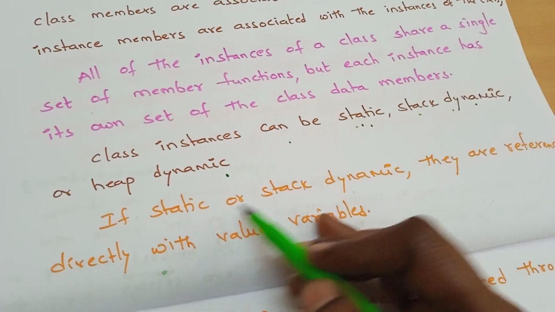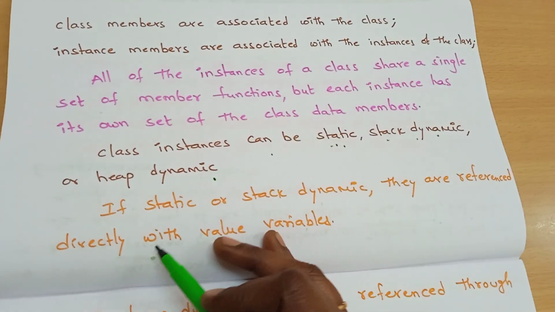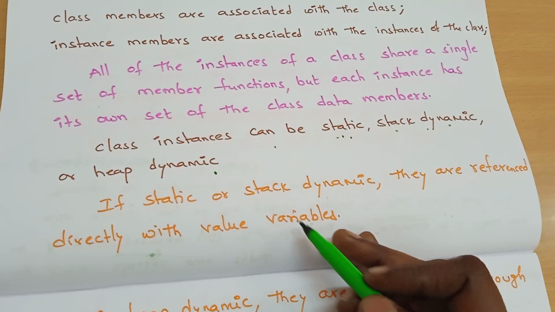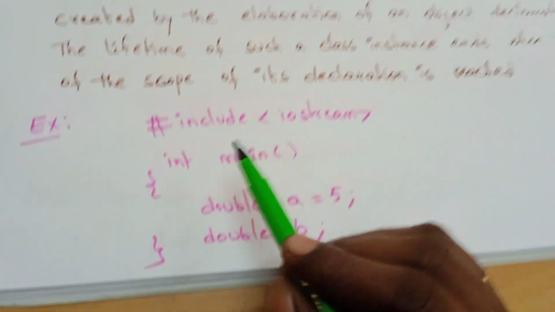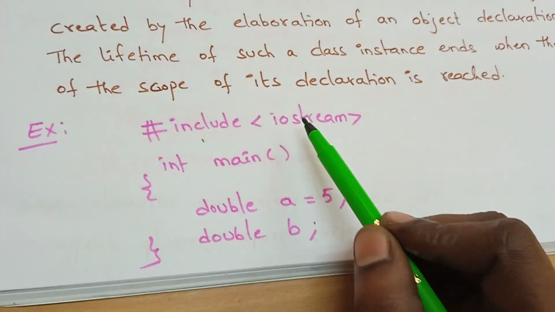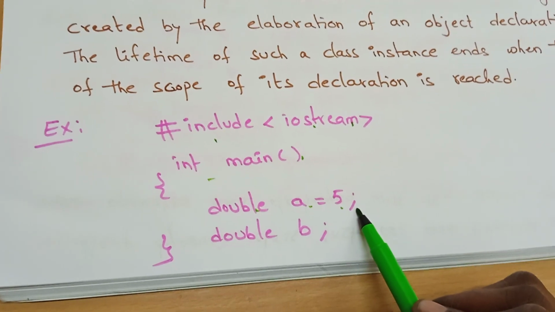If static or stack dynamic, they are referenced directly with value variables. I'll show you an example. Look at the example: #include iostream, int main, double A is equal to 5. What does it mean?